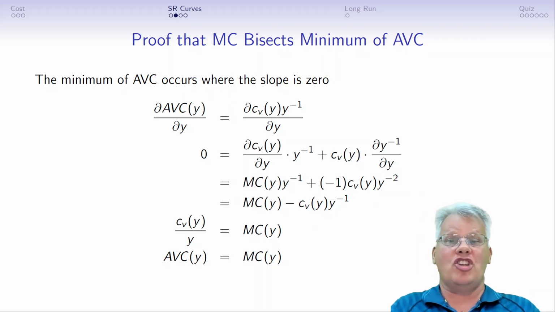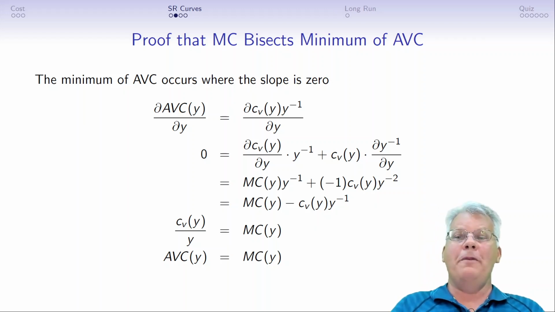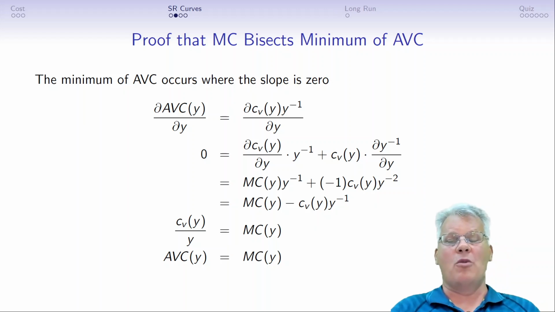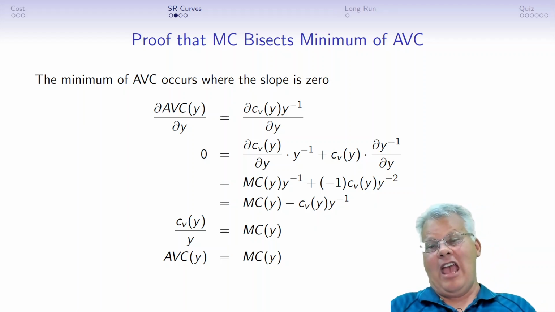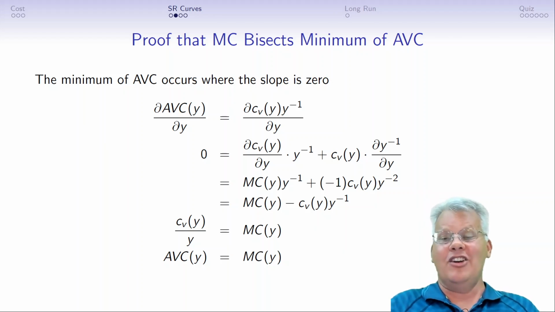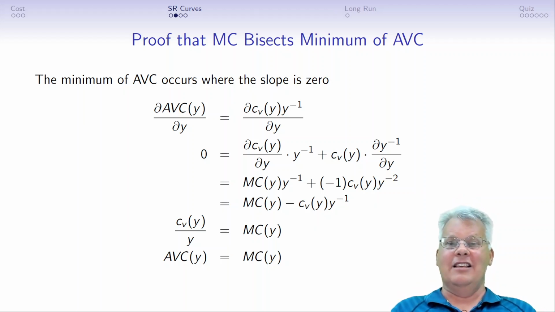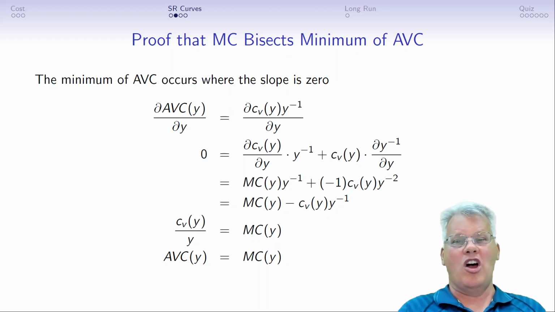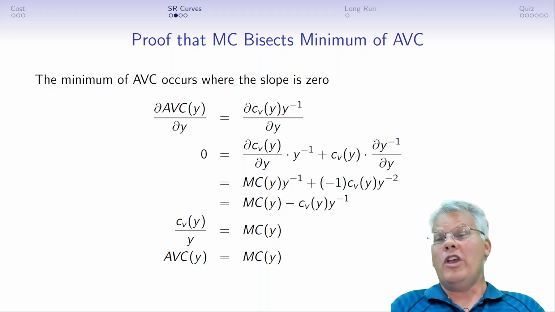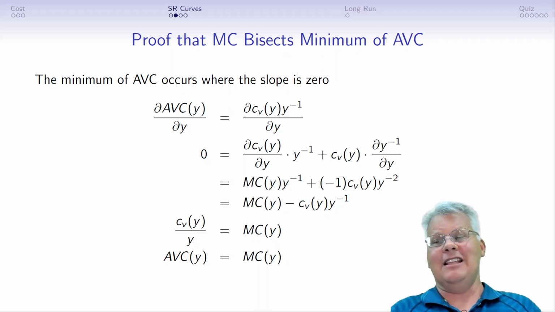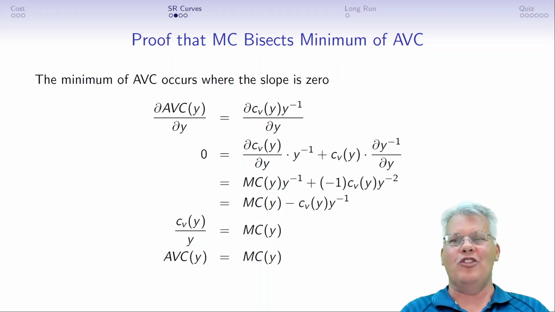So what this slide has shown is that the slope of the average variable cost curve is 0 when average variable cost is equal to marginal cost. And since they have different slopes, what that means literally is that the minimum of the average variable cost is where the marginal cost curve bisects average variable cost. We could construct a similar proof to show that marginal cost bisects average cost at its minimum, but it's virtually an identical proof. It's not worth doing.